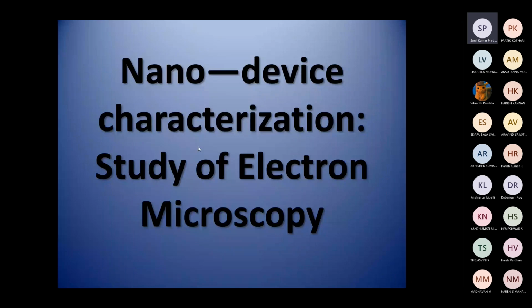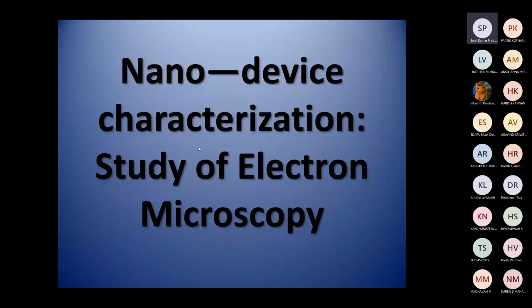As I have already discussed, electron microscopy is very essential to characterize nano devices, because electrons have very high energy, and that high energy helps us to resolve the devices which we have fabricated. Whatever devices we generally fabricate in CMOS, whether PMOS, NMOS or CMOS, are in the micrometer range or nanometer range.